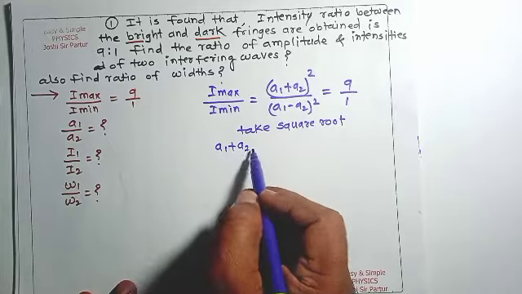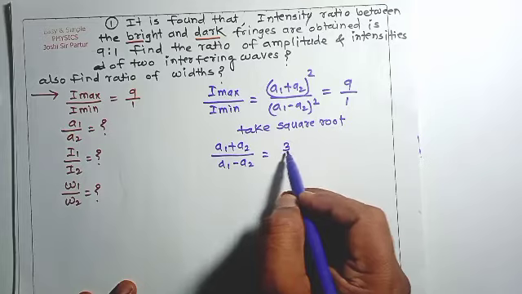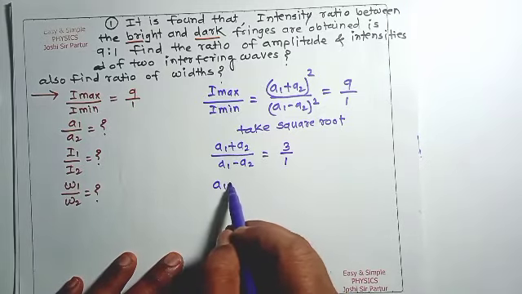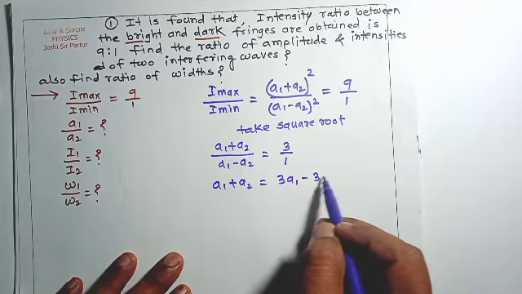(A1 plus A2) upon (A1 minus A2) will be 3 upon 1. If we cross-multiply, A1 plus A2 is equal to 3A1 minus 3A2.